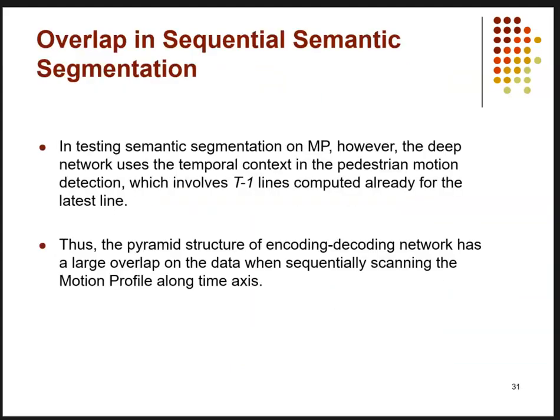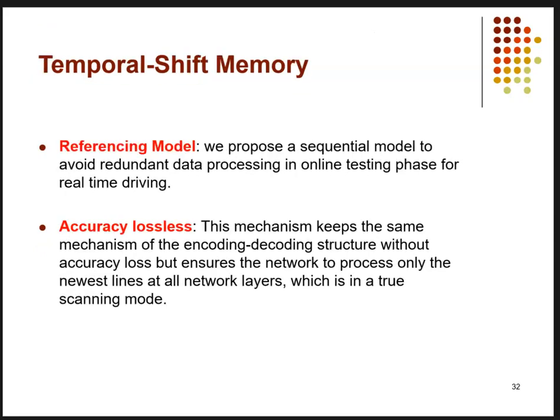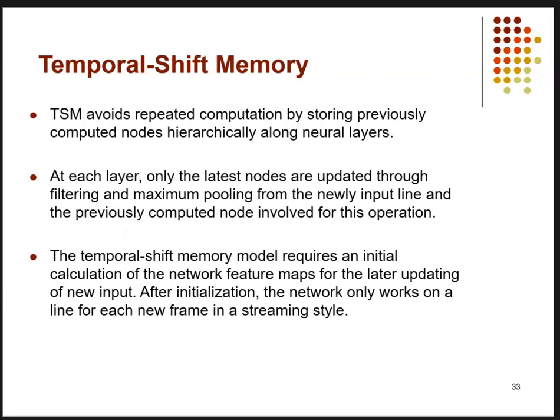To phase out the redundant information in the overlapping data between 2 consecutive patches when we are scanning the motion profile on the time axis, we perform one novel method named temporal shift memory. It is a reference model which is only applied in the testing phase, and it is also accuracy lossless.